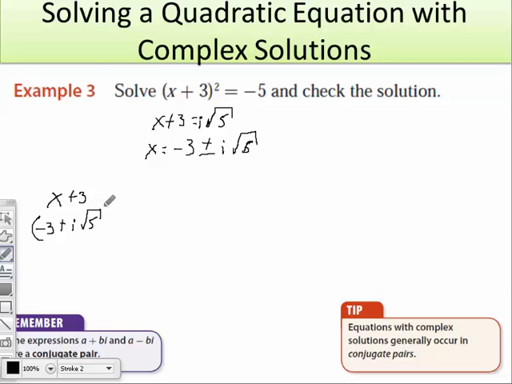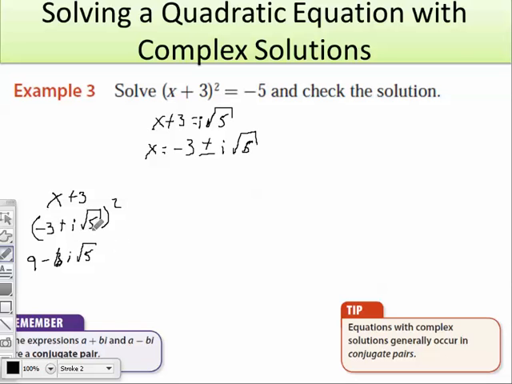Okay, and that's going to be squared. Well, when I square that, I'm going to get, let's see here, negative 3 times negative 3 would be a 9. Negative 3 times that would be a minus 3i square roots of 5. And it's going to be 2 of them, so it would be minus 6i square roots of 5.